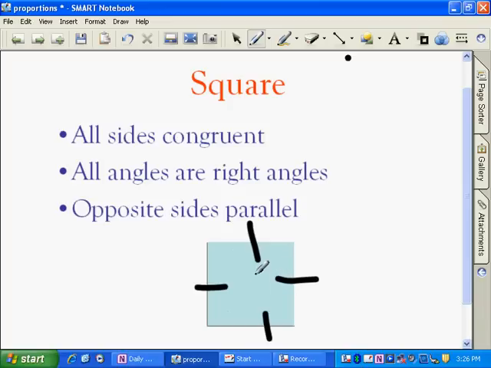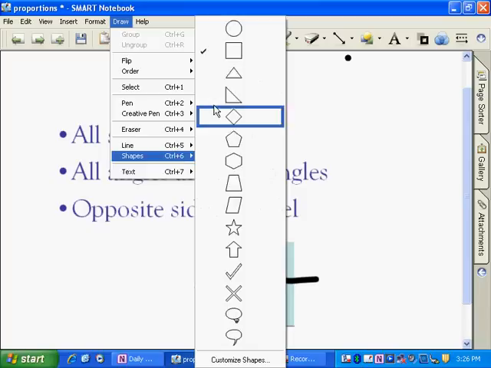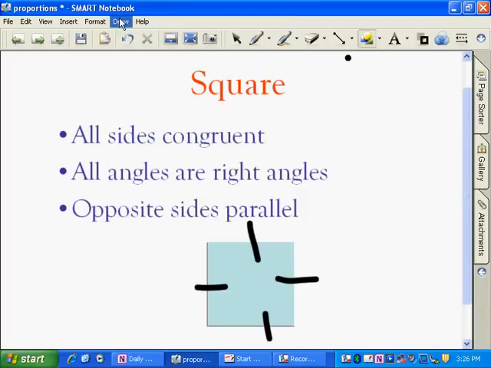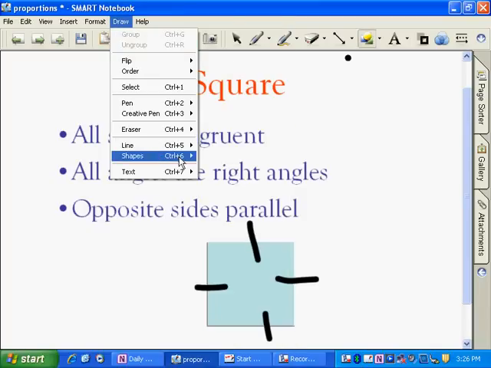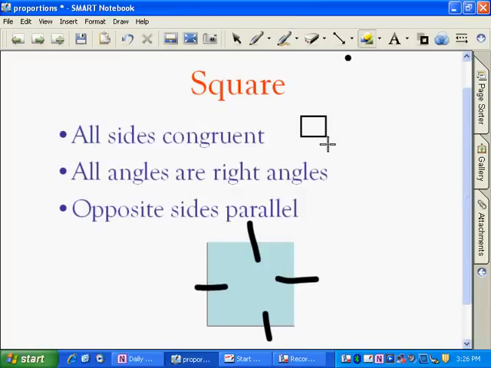Okay, so regardless of how large or small it is, oops, that's not a square. Regardless of how large or small it is, this is a square and this is a square. Okay, but that's the only shape that can be classified as a square or called a square.